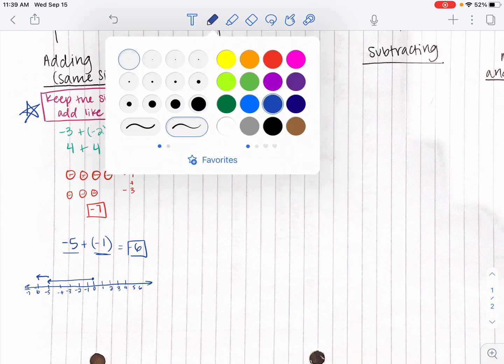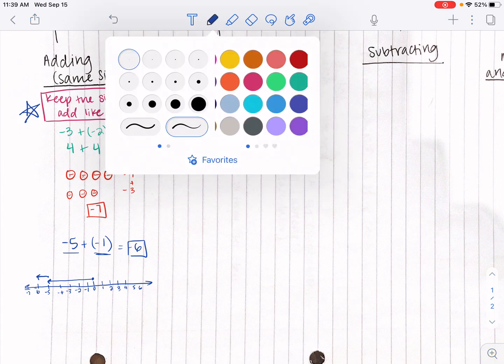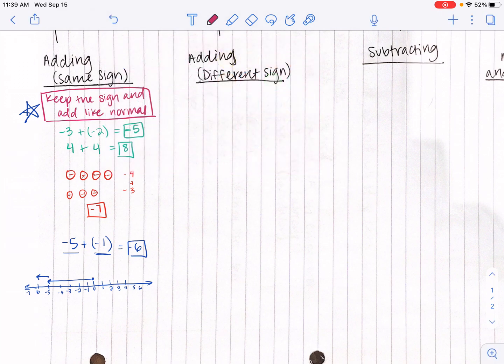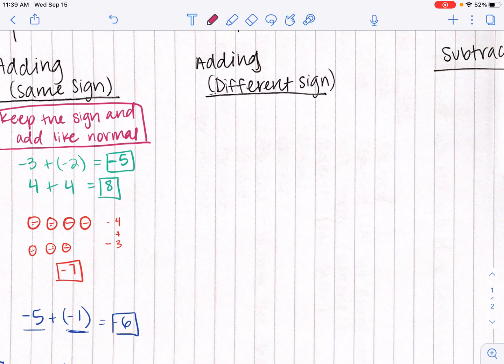Okay, let's do the rule for adding with a different sign. This one's a little bit more complicated, has a little bit of a longer rule. So we are actually going to subtract the 2 numbers, or find the difference between the 2 numbers. That's what subtracting is.